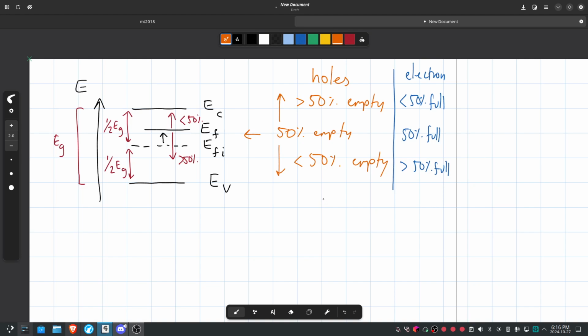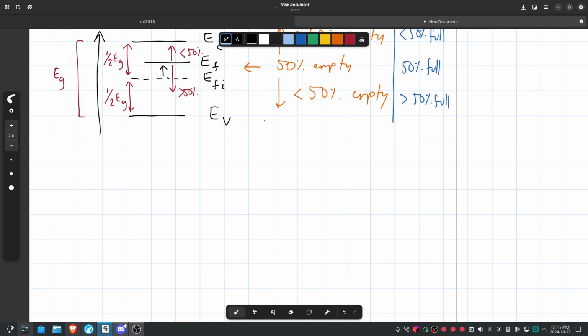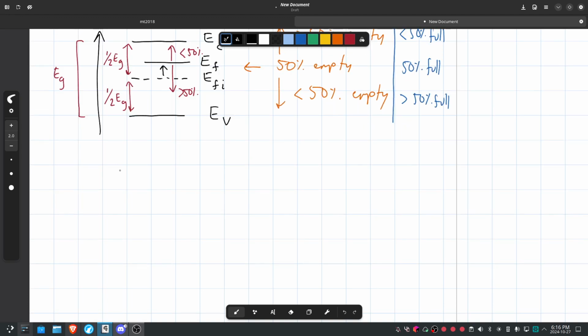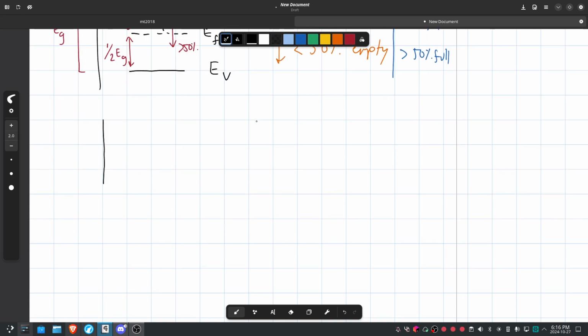So what happens when we change the temperature? What actually changes is not this information, but rather the slope of the actual percentages. So let's draw a graph here.